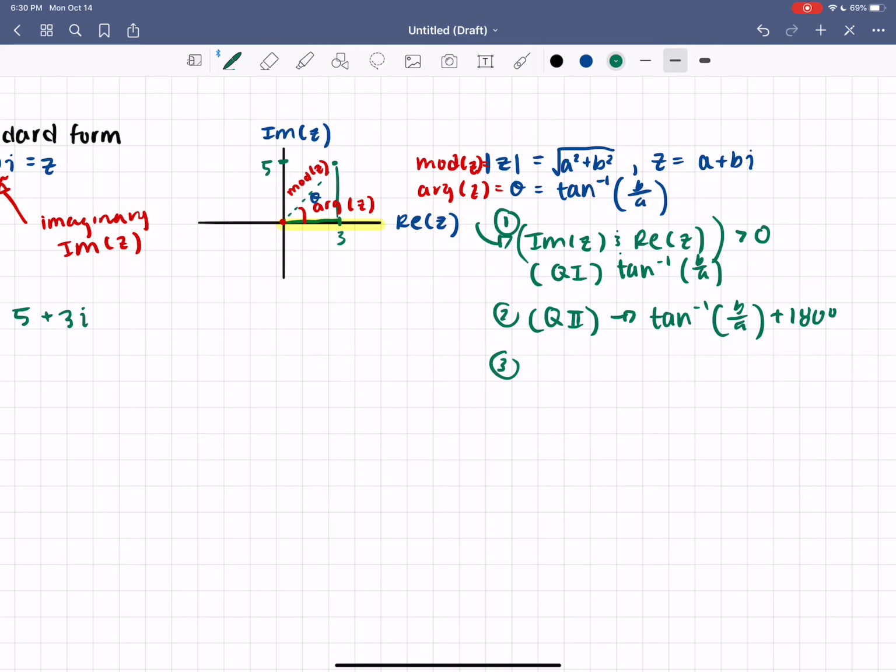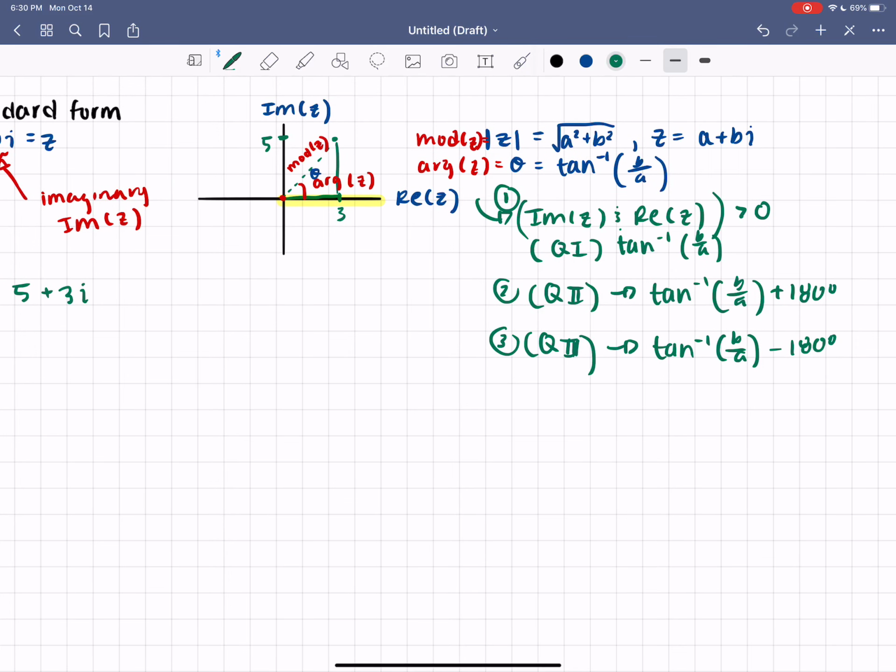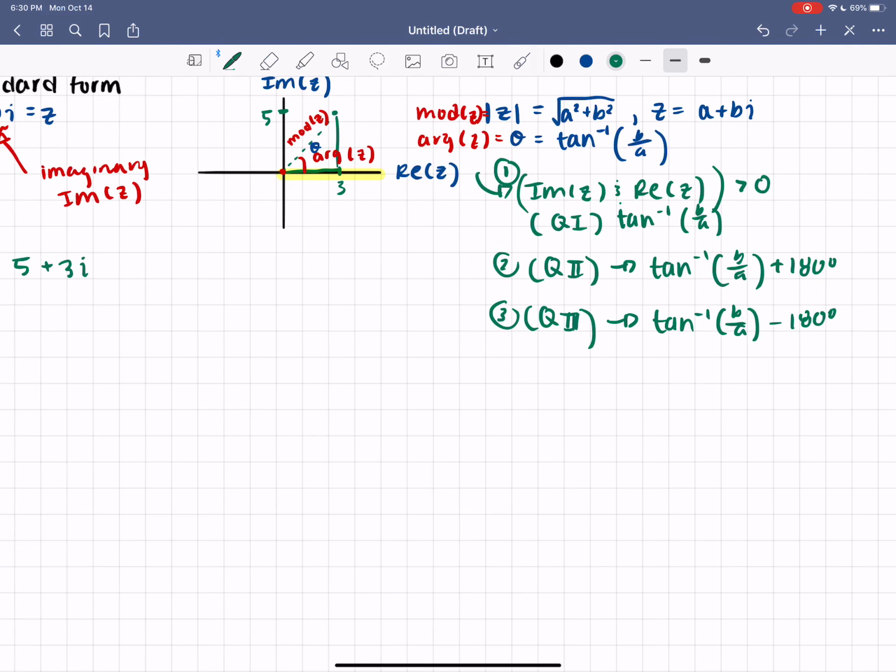When both your real number and your imaginary number are negative, or in other words less than 0, your point falls in quadrant 3. And in quadrant 3, your argument is equal to tan^-1 of b over a minus 180 degrees, given that you're always looking at the angle formed with reference to the positive horizontal.